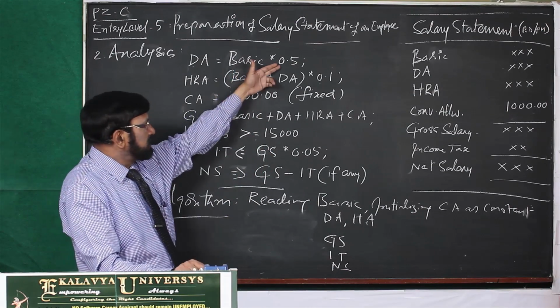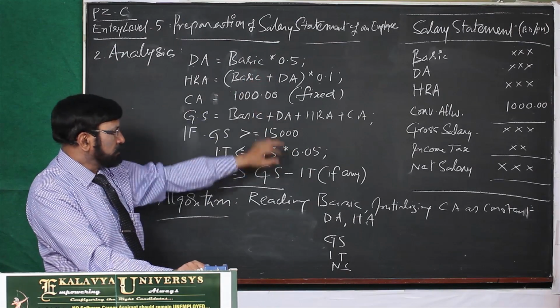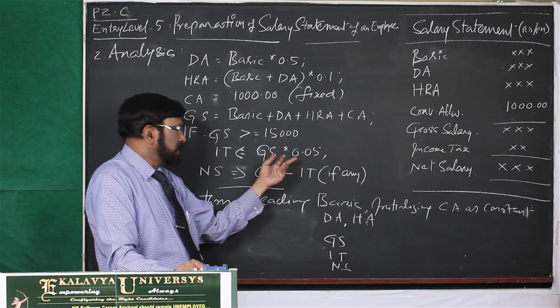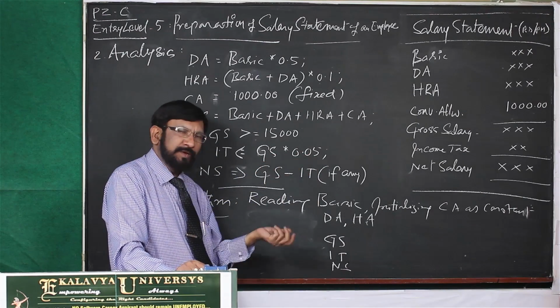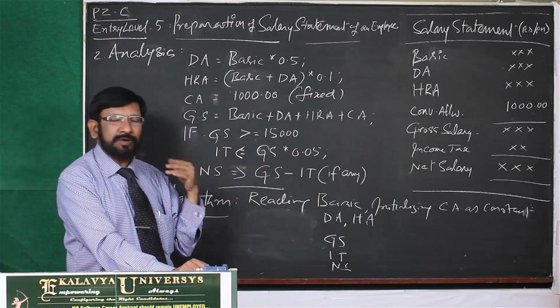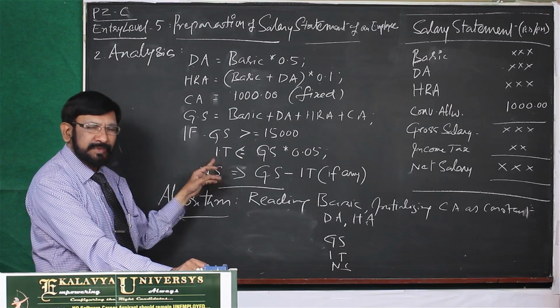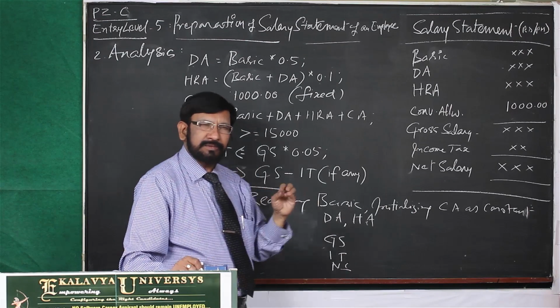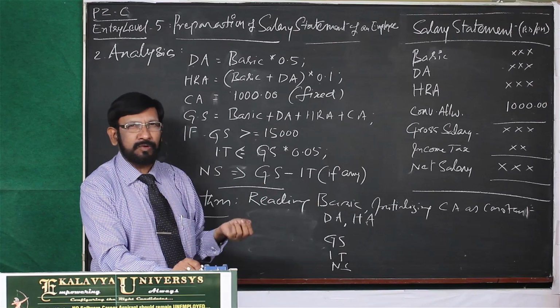Even in this type of meticulous, small things, if you are not careful, you may write it wrongly. Suppose instead of 0.05, you write 0.5, then 50% of the gross salary is taken as income tax. These are very common errors committed mainly by beginner programmers.